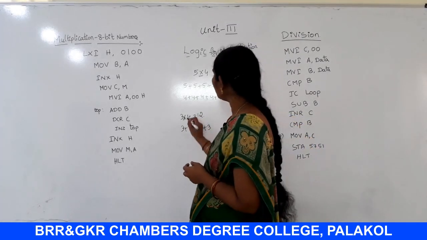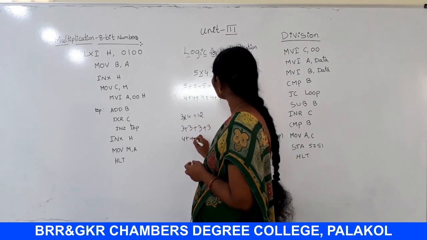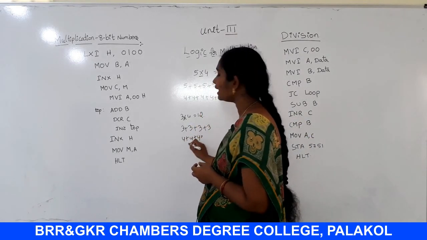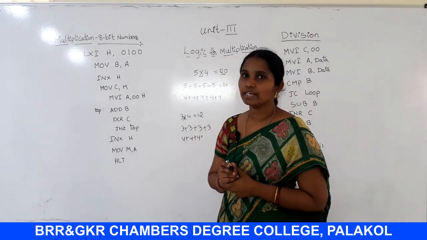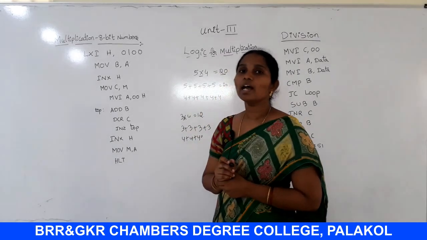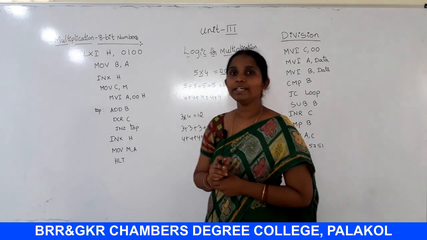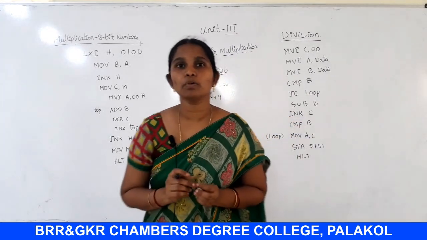Similarly, if I consider 4, then 4 plus 4 added 3 times gives 12. So I use the same logic for the multiplication of two 8-bit numbers. These programs are very easy programs.